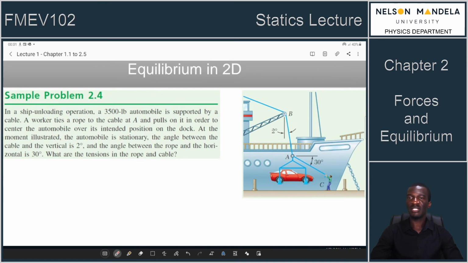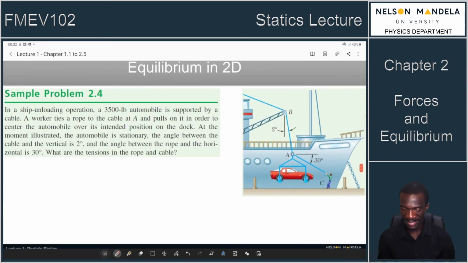The angle between the cable and the vertical is 2 degrees, and the angle between the rope and the horizontal is 30 degrees. What are the tensions in the rope and cable? So you're given the space diagram. There are dimensions that are already supplied. Your next stage is to plot the free body diagram. What do we need? The forces and the dimensions.